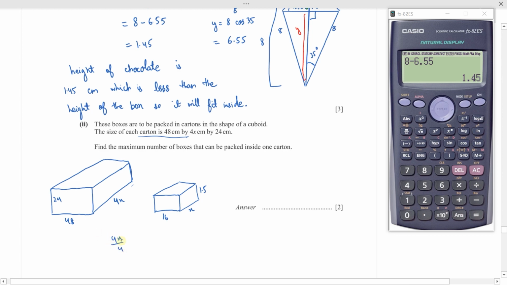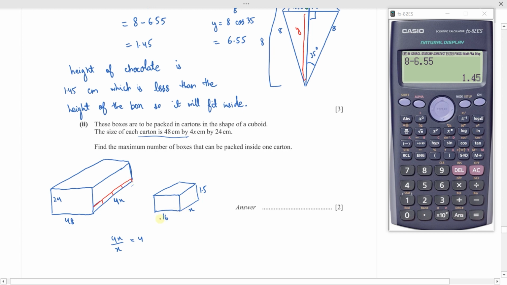So 4x divided by x will give you 4. So that means along this length you can fit 4 of these. So 1, 2, 3, and 4.